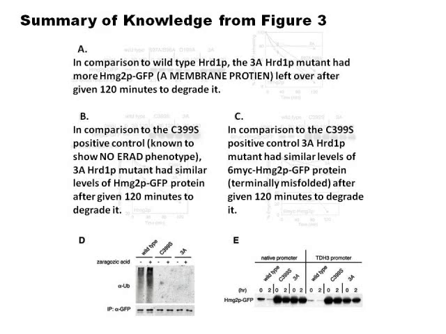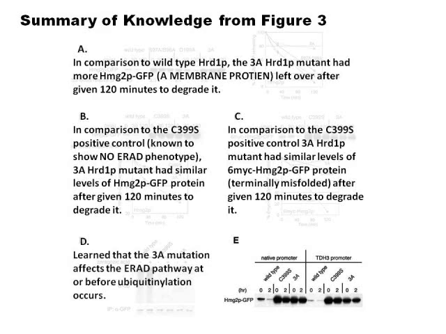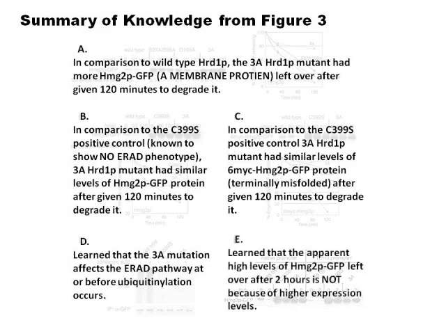In panel D, they found out that the 3A mutation affected ERAD of the HMG2P protein before or at the ubiquitinylation step in the ERAD-M pathway. And lastly, in panel E, we found out that this is not a hypomorphic mutation.